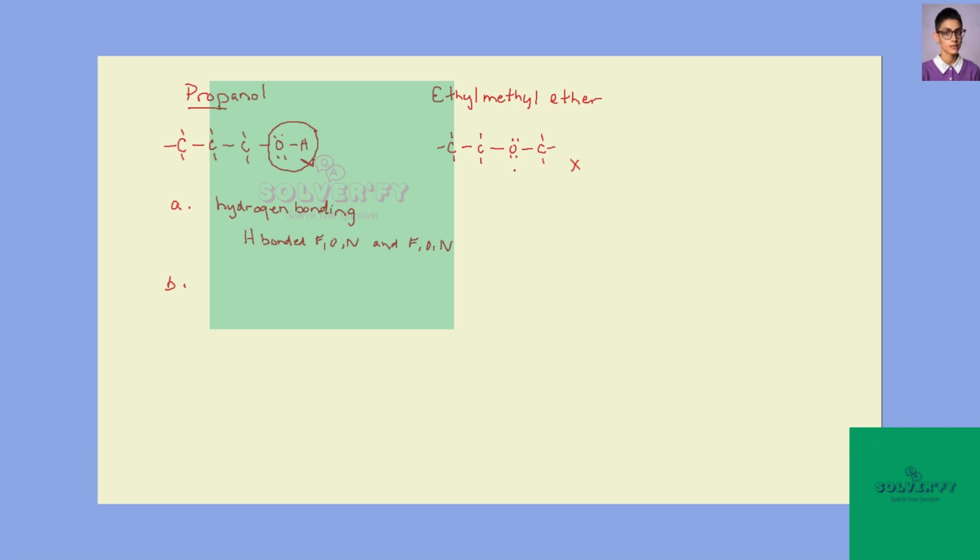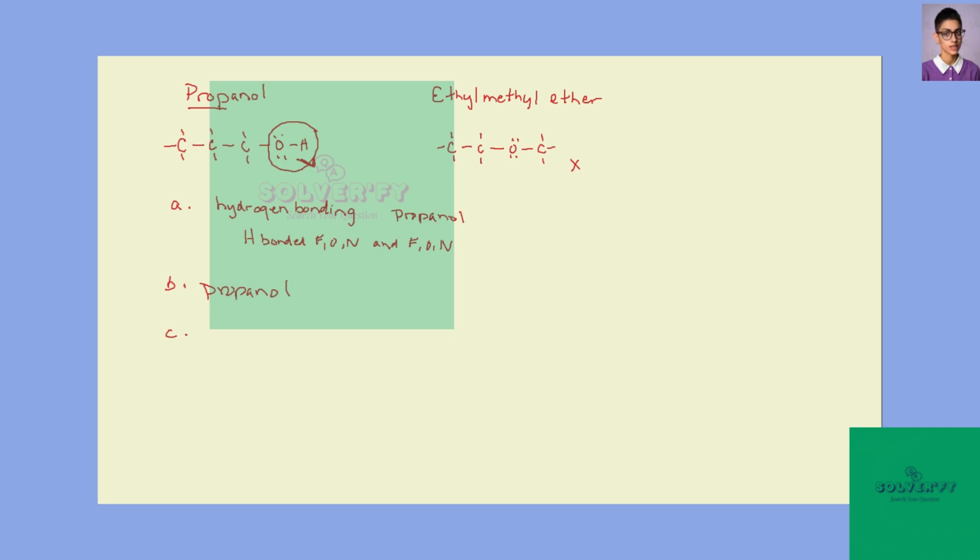It will still be polar, but you're not pulling the electrons to any one specific side nearly as much as you are in propanol. So both are polar molecules, however, propanol will have the larger dipole moment because of this OH bond. So that is also propanol for that one.